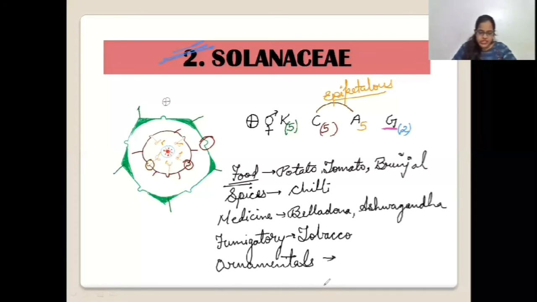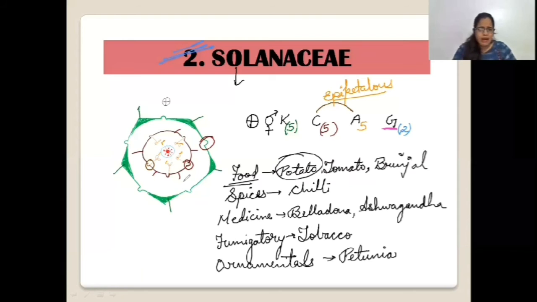So ornamentals include a plant, that is petunia. Petunia is the ornamental plant belonging to the Solanaceae family. Remember, the Solanaceae family is usually known as the potato family or vegetable family also, because so many vegetables are included in this family. Clear?